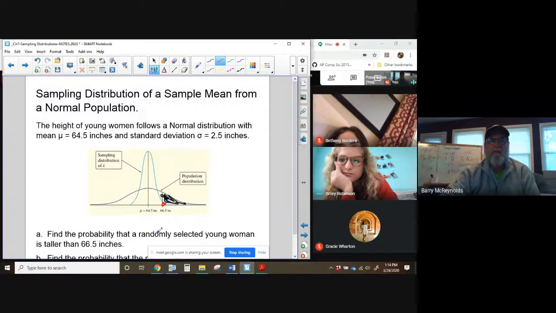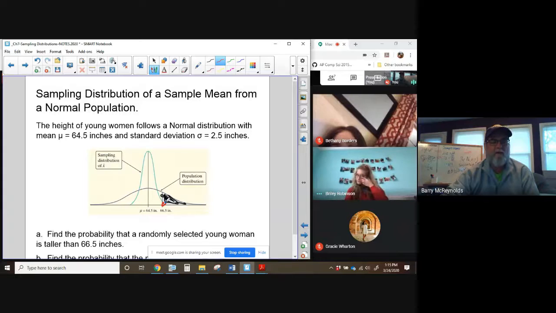So what we have to do is go back. You can take a look back at the textbook now. We're going to calculate a new standard deviation by dividing by the square root of 10. That gives us 0.79. When we calculate the z-score now, the z-score is 2.53, which means we're over 2.5 standard deviations away from the mean of the sampling distribution.